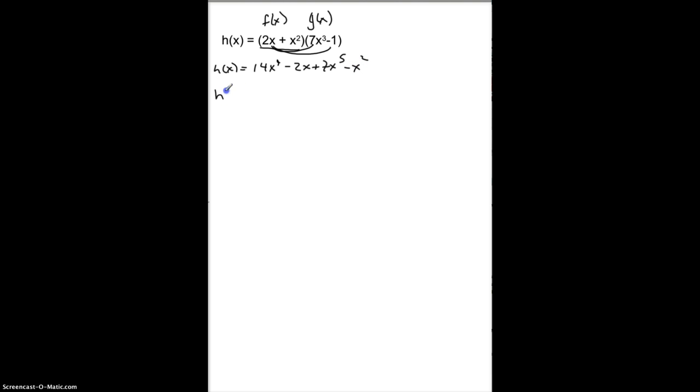So the derivative of h with respect to x is, let's see, this is 56x cubed minus 2 plus 35x to the fourth minus 2x. Now this one wasn't too bad. However, they're not always going to be that simple.